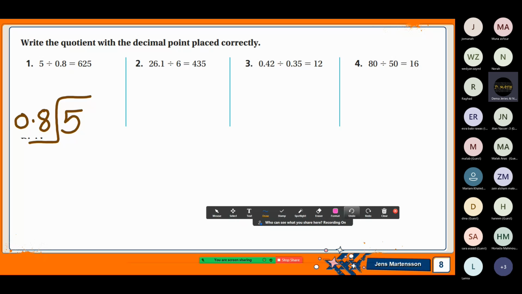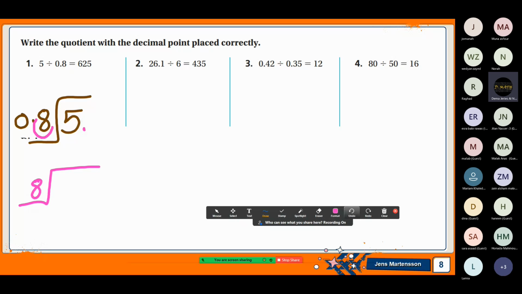So, okay, first of all, you have to move the decimal point. So it comes 8 now. If you move it in the divisor, do you have to move it in the dividend? Yes, you must move it.